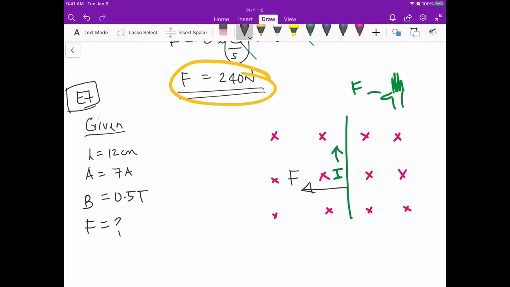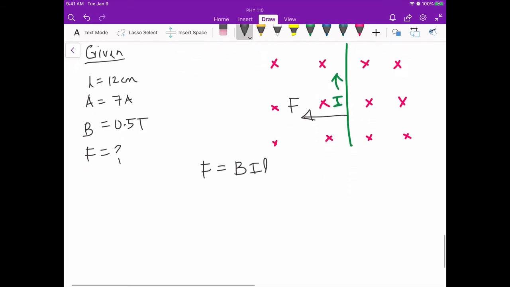Then this force is already proven to be equal to BIL. Your B is the magnetic field, which is 0.5 Tesla. I is 7 ampere, and L is length, which is 0.12 meter.